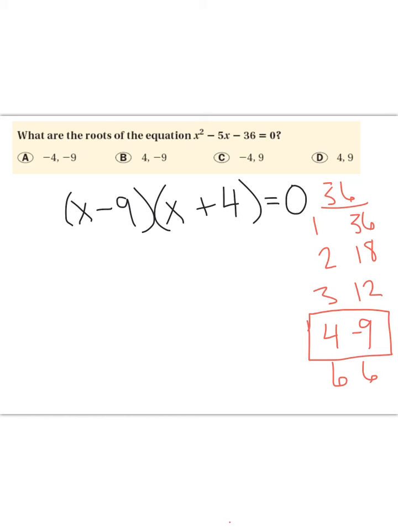So now I'm going to use the zero product property to find the roots. The zero product property says that either x minus 9 has to be 0 or x plus 4 has to be 0.